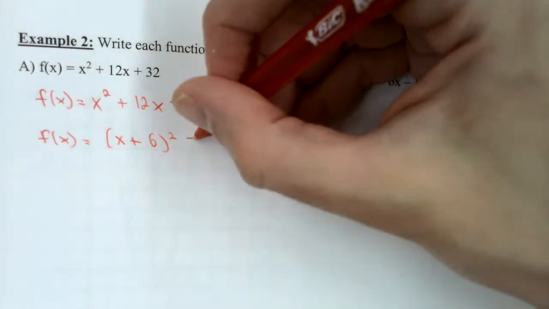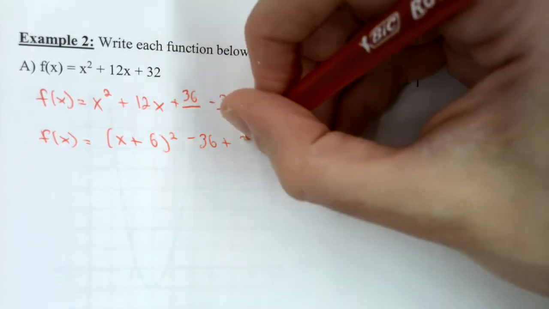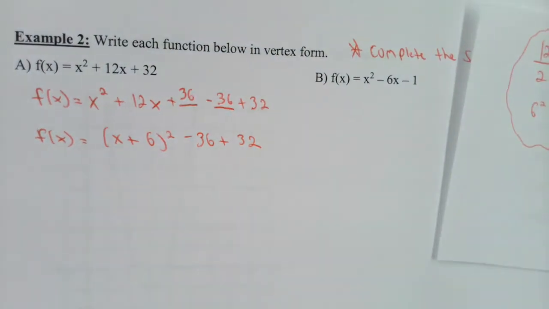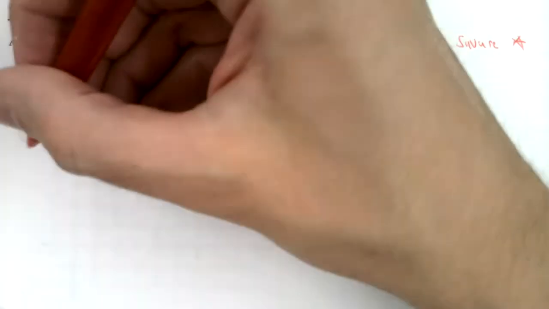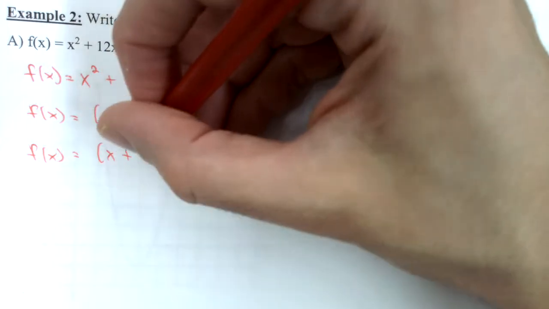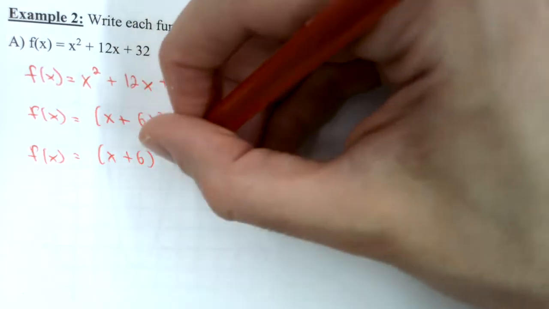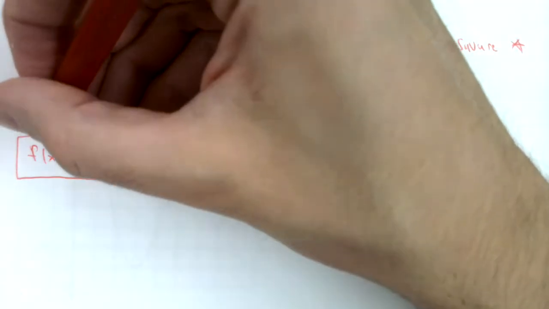And then we have minus 36 plus 32. So what you do now is you combine these and you get -4. And that is vertex form.